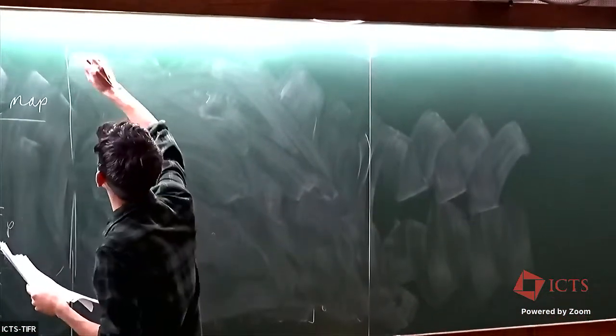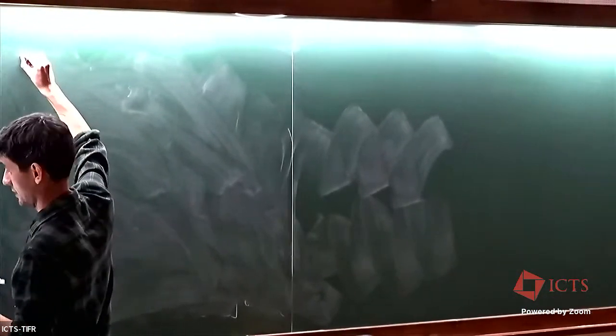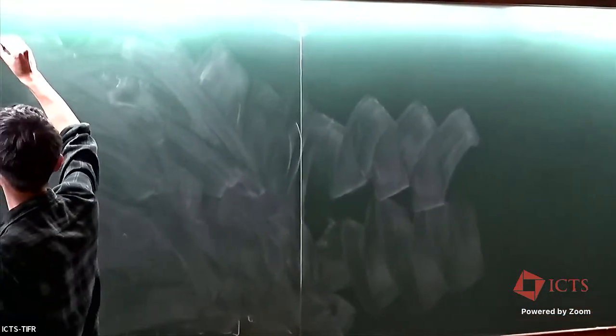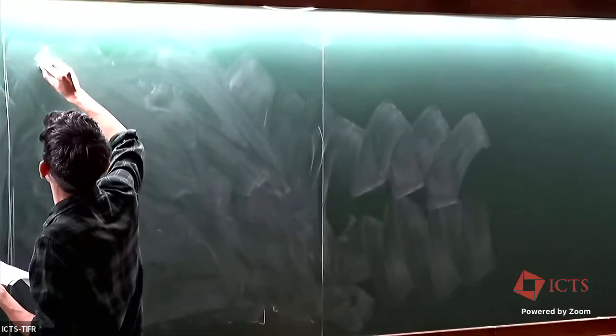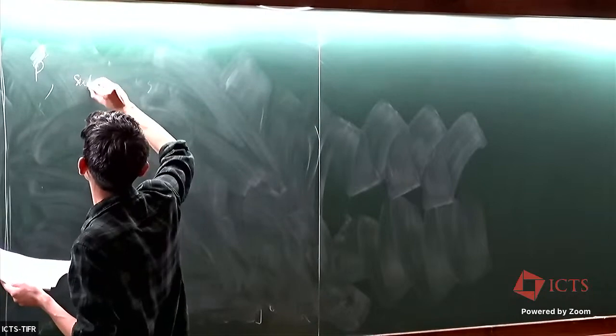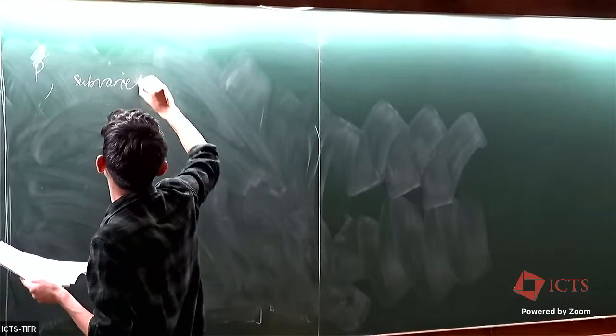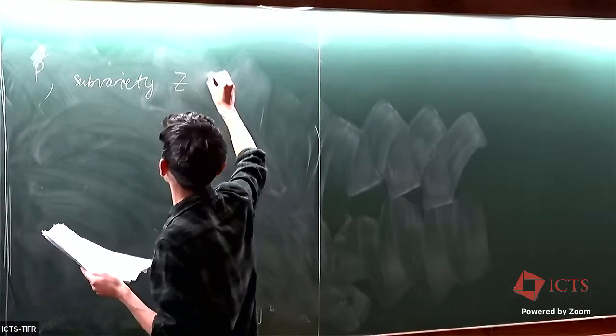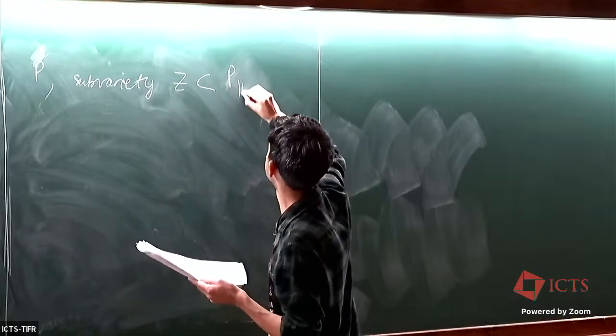Suppose we have our formal scheme P, and suppose we have some subvariety Z inside the special fiber.